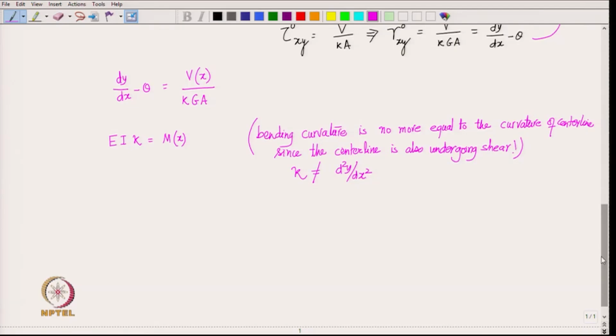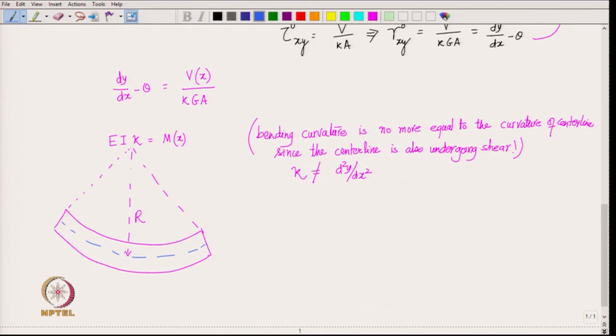So, recall the bending of beam when the beam turns into a circle. This radius is big R, and here is your neutral axis.